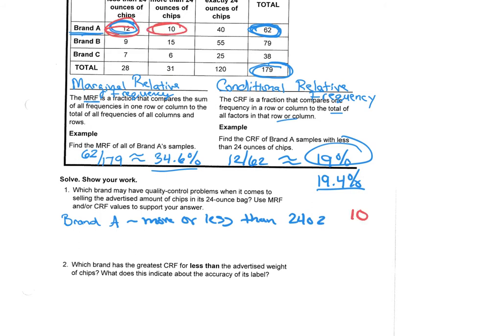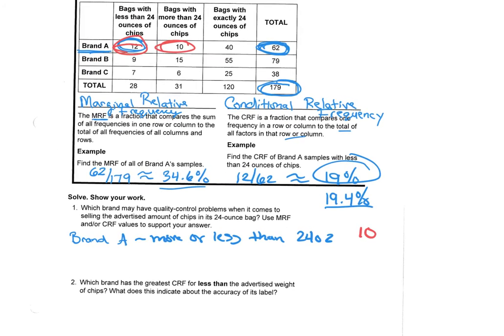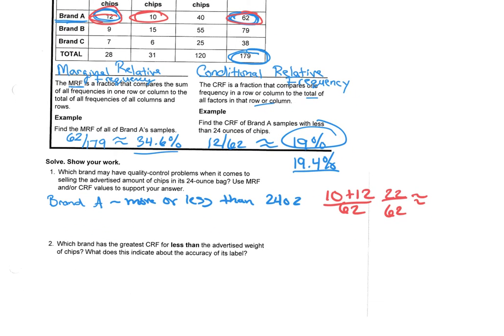So 10 have more, right? And 12 have less. And then our total is 22. That's our conditional relative frequency, right? So 22 divided by 62, if we go to the nearest whole, would be about 35%.